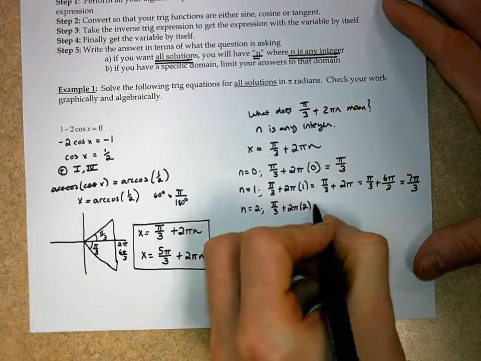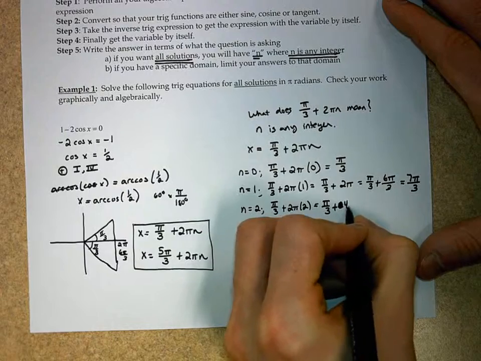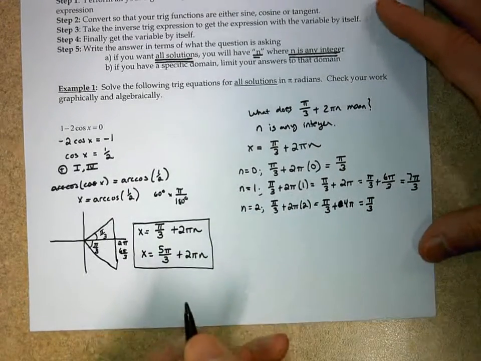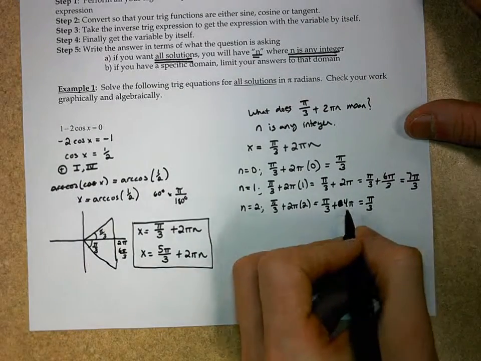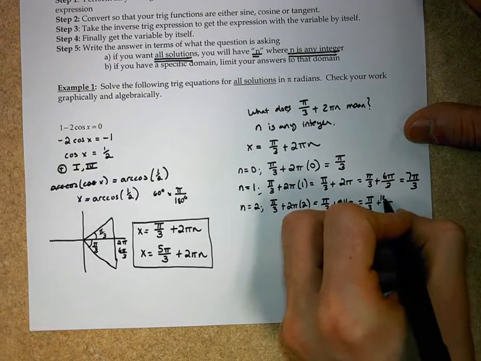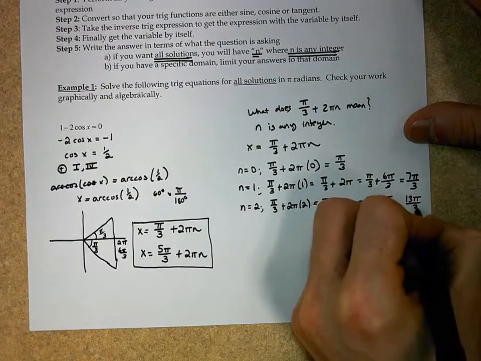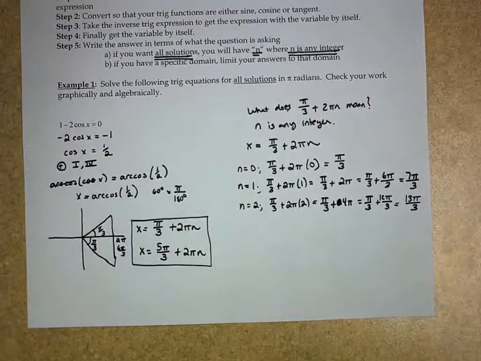So we'll plug in a 2 for n. So pi over 3 plus 4 pi, which is pi over 3, and then to convert 4 pi in terms of thirds would be 12 pi over 3. So then I get 13 pi over 3. 13 pi over 3 is also a solution.